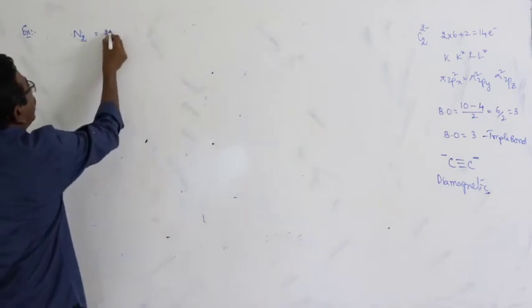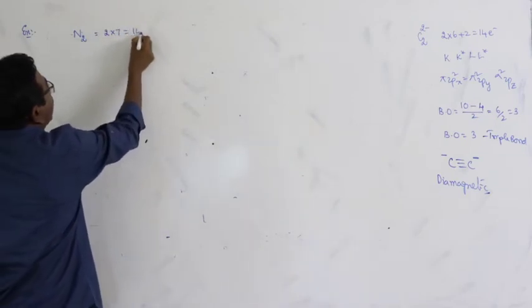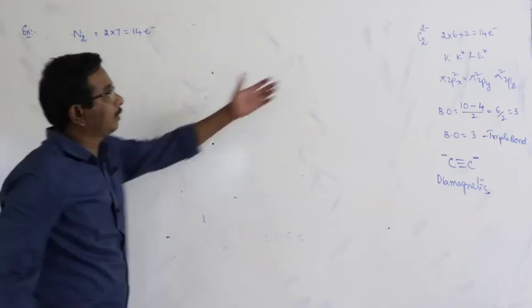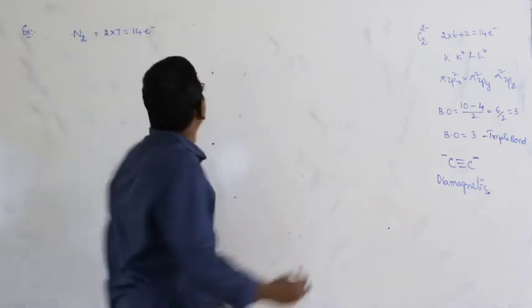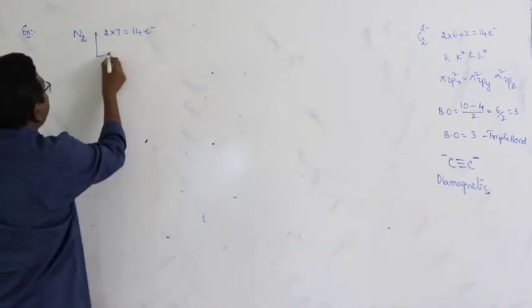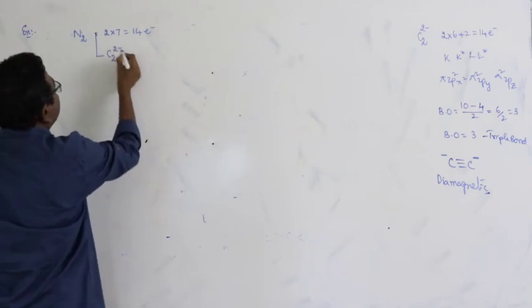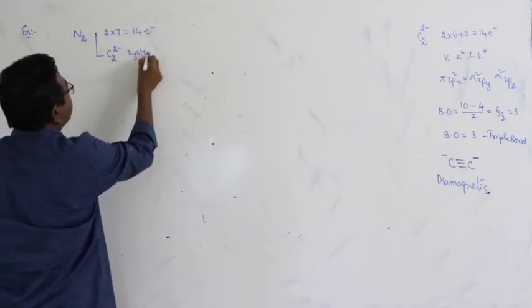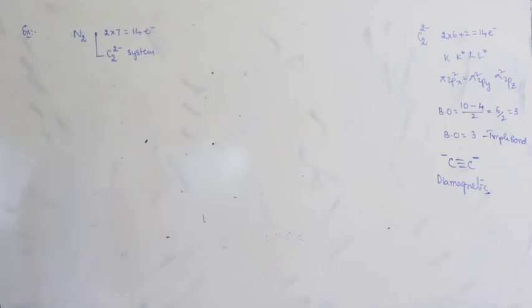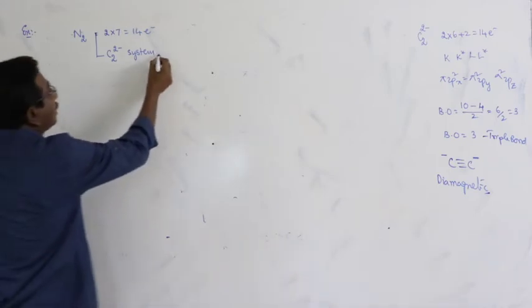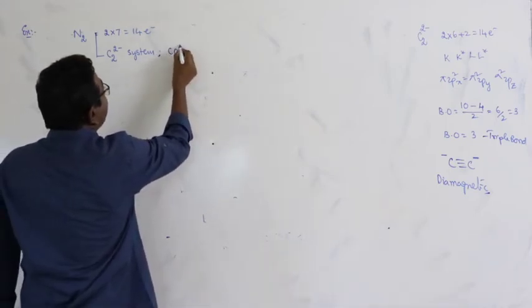N2, 2 into 7 is equal to 14 electron system. Same. Here that is nothing but C2 2 minus system. And another example, CN minus.